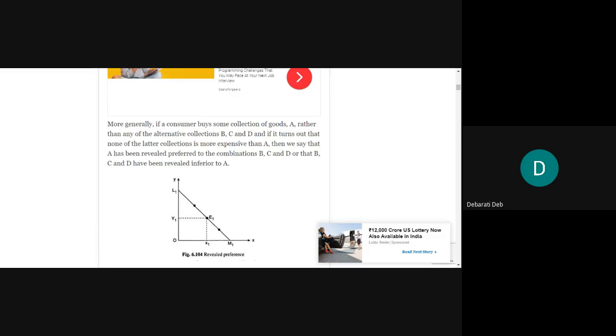And if you're concluding that, you are making use of the economic theories which are there in the books. But suppose you know that the price of A is actually more than the price of B, but still the consumer is buying A. Then what conclusion will you give? The conclusion will be very simple. The consumer is buying A because he likes it better than B.